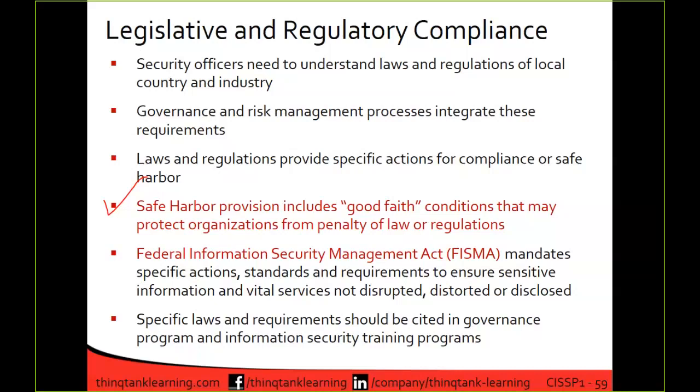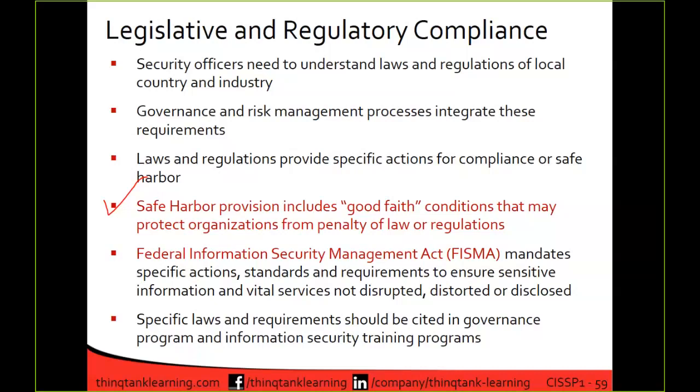The act itself was developed in the United States, as part of United States legislation, and it defines a comprehensive framework to protect government information. So this might be something that specifically relates to you folks that work with Booz Allen and the government directly.